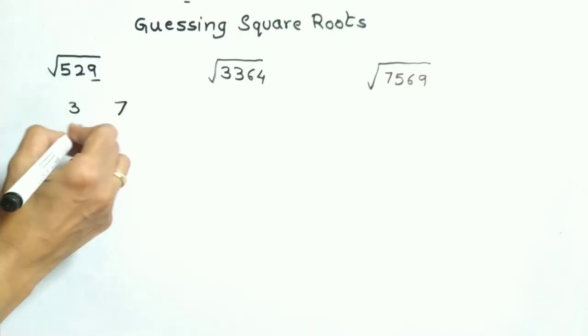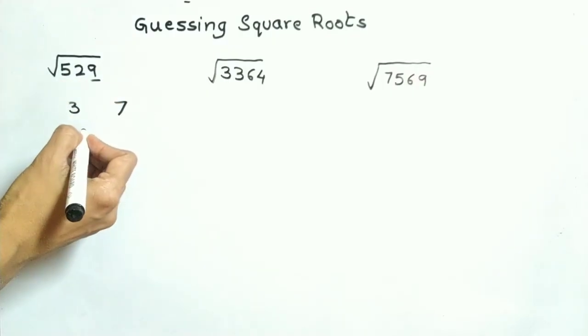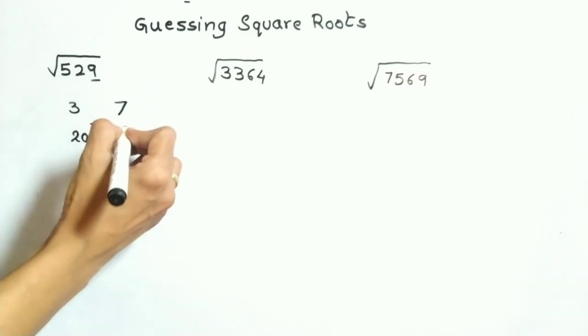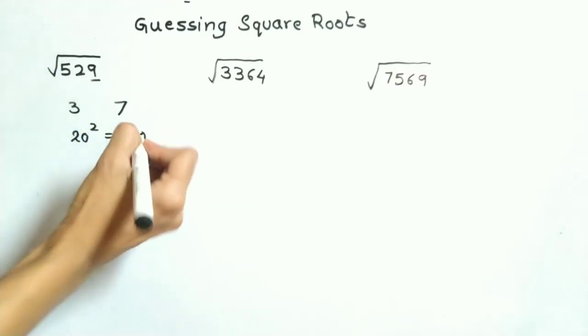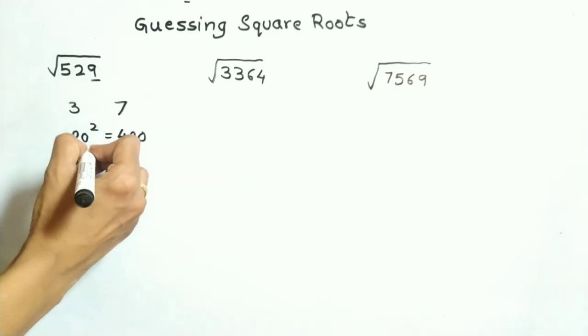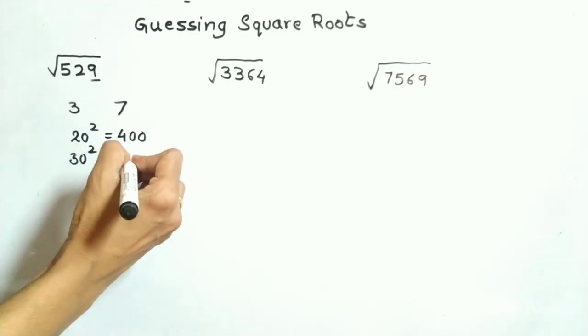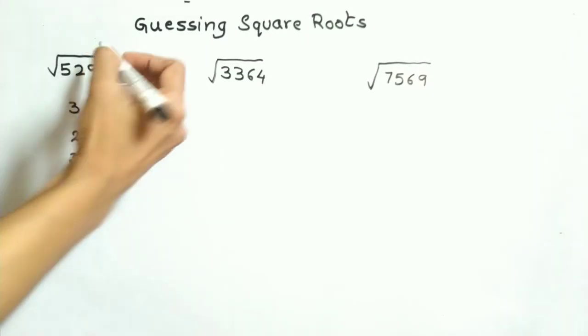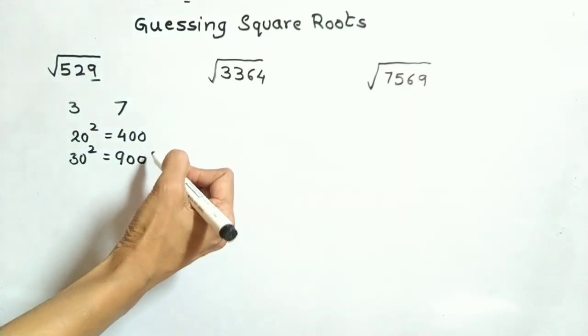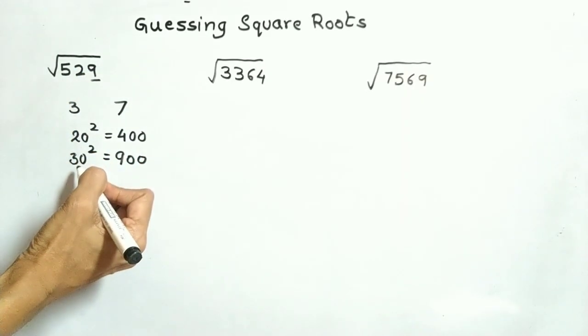Now here we have to see that 2 square is 4 and 20 square is 400. Okay, and 30 square is 900. That means 529 will lie between these two things. So the square root will lie between 20 and 30.